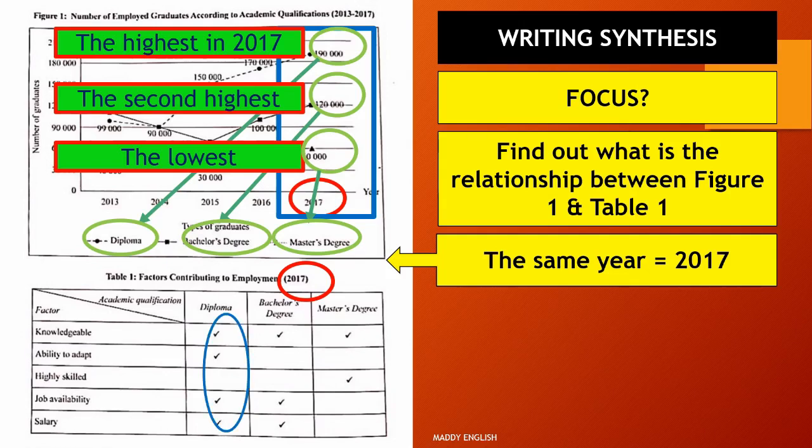And we can also see in table 1, the diploma number of factors contributing to employment is 4, bachelor's degree 3, and master degree 2.